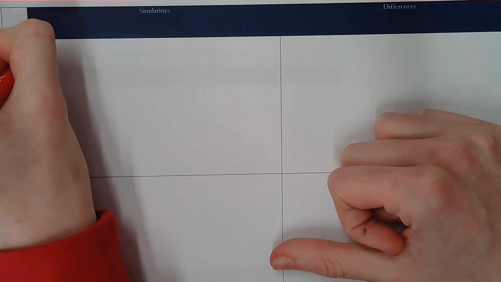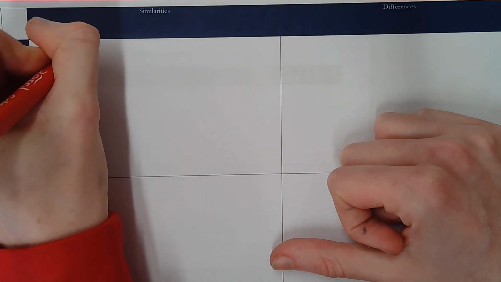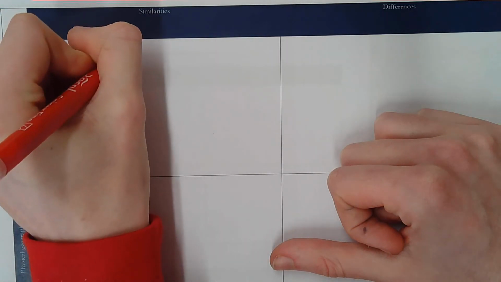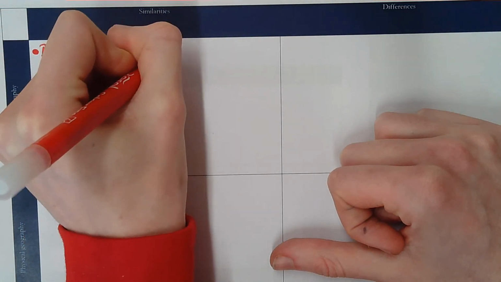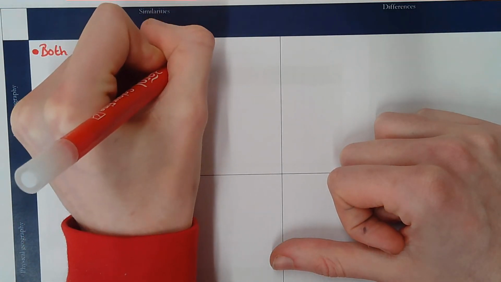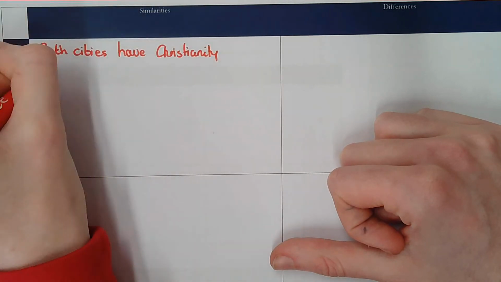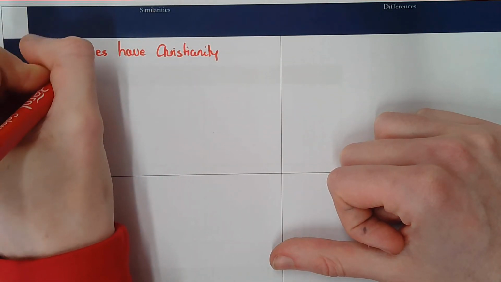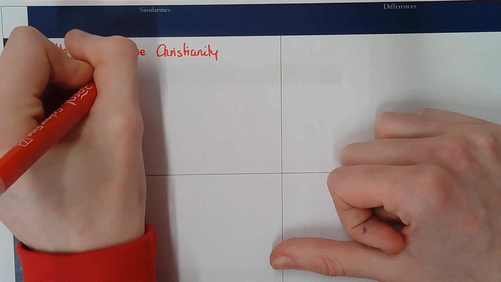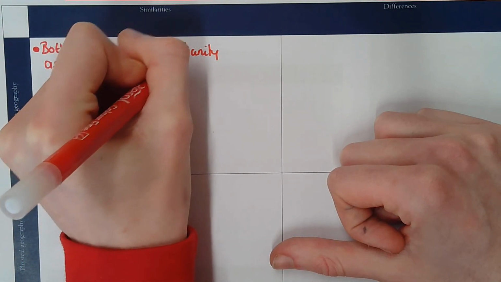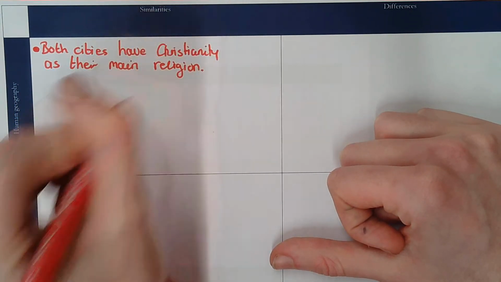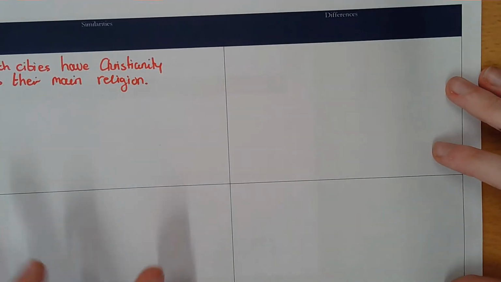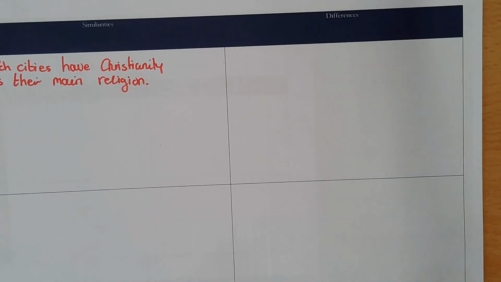Both cities have Christianity as their main religion. Okay, I went to religion in my fact sheet, and there was a similarity, so I wrote it down because I know religion is to do with humans, so that must be human geography.